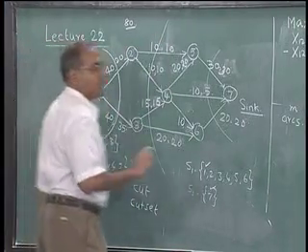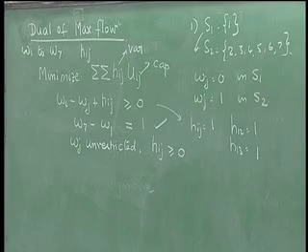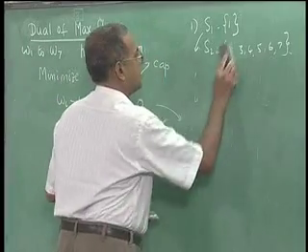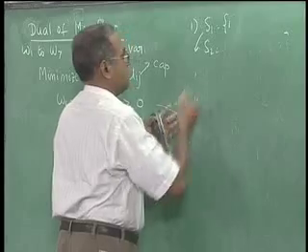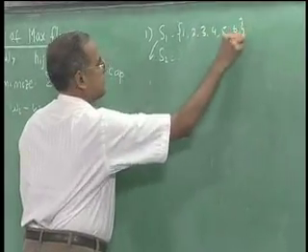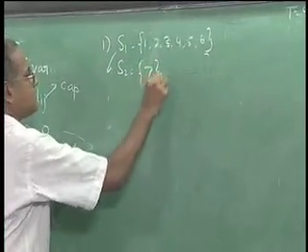Now, the same kind of interpretation can be done for the other cut set, where we have S1 equal to 1, 2, 3, 4, 5, 6 and S2 equal to 7.